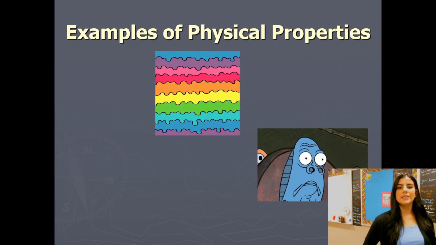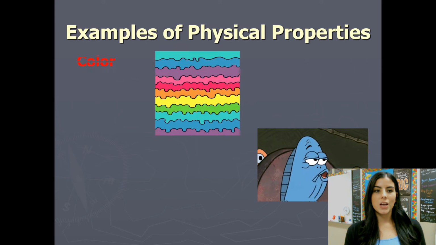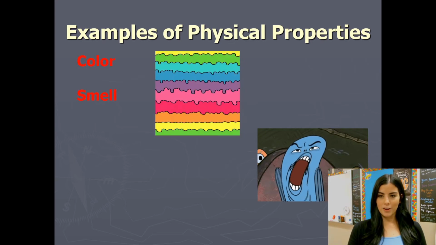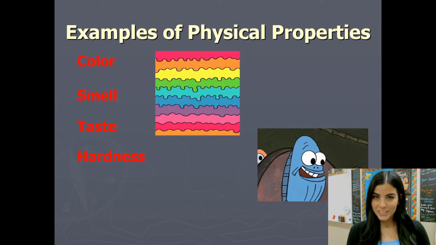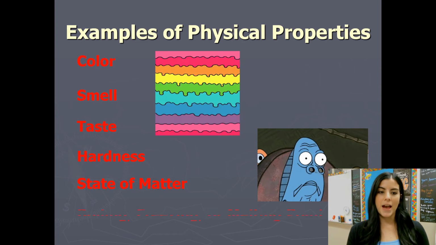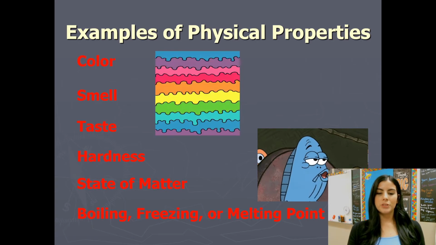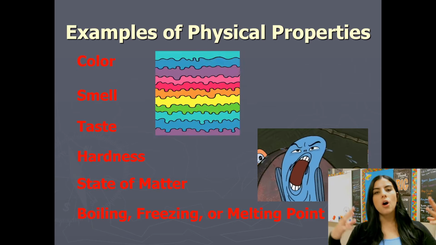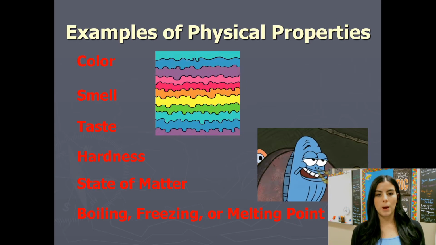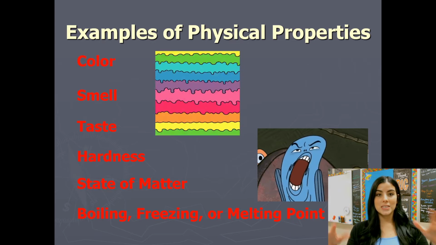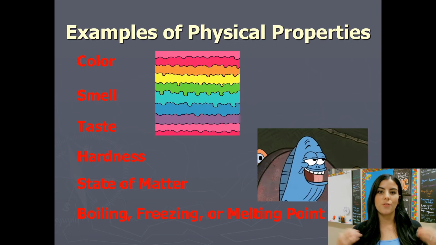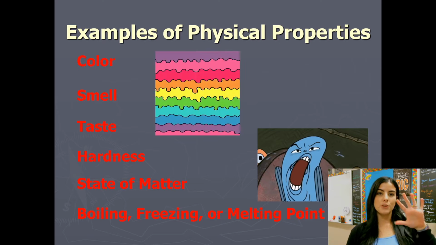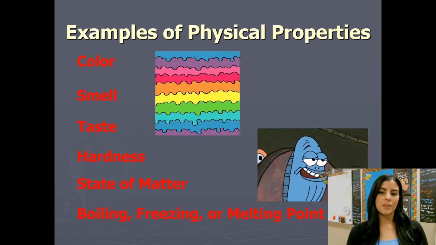So here are the examples of physical properties: color, smell, taste, hardness, state of matter, boiling, freezing, or melting point. Those are all examples of physical properties. You can see these things, you can touch these things, taste them, smell them. They're physical properties because they use one of the 5 senses.